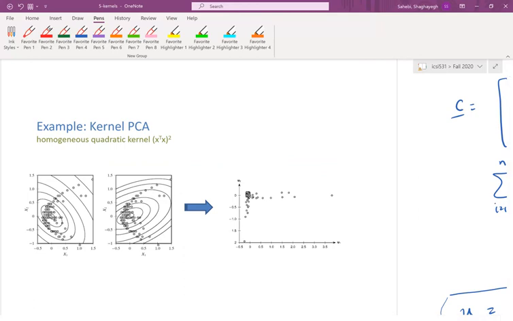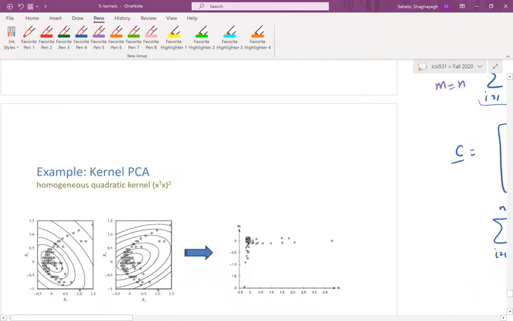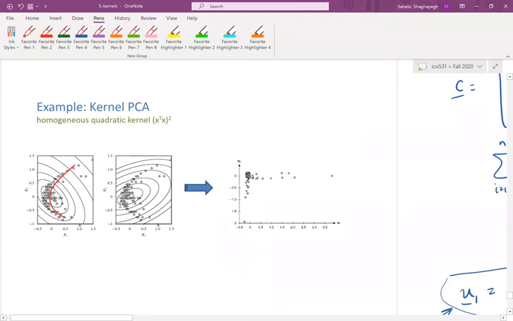One direction, according to these circles, is capturing this variability in our data, and this other direction u2 is capturing this variability in our data.